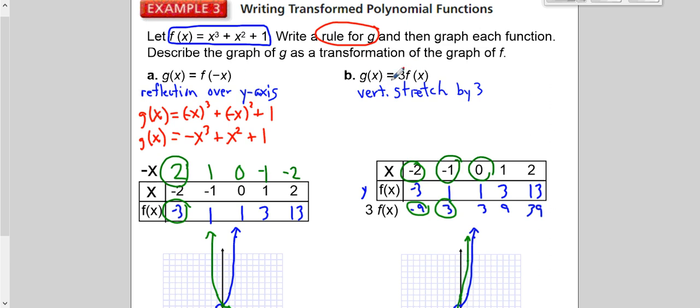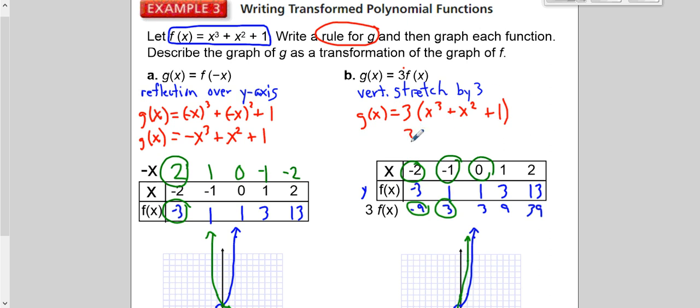Here we're multiplying by 3. Multiplying the entire function by 3. So 3 times whatever f of x is. Simplify.